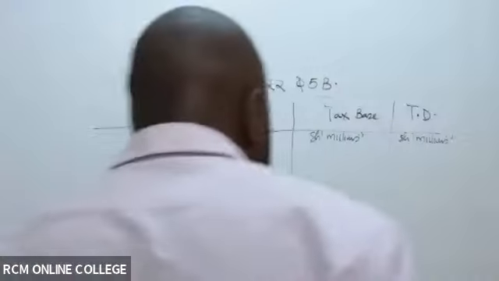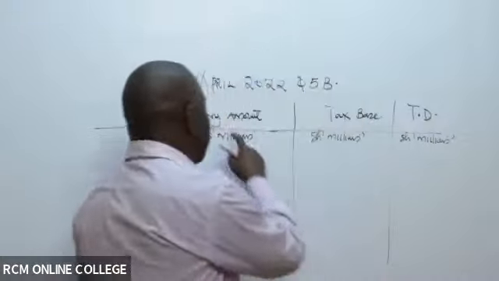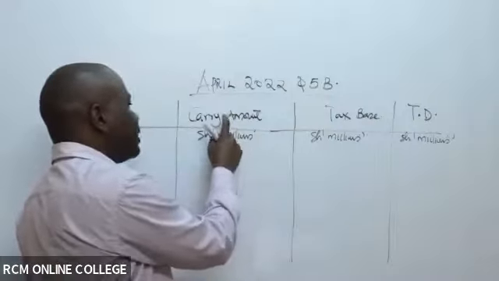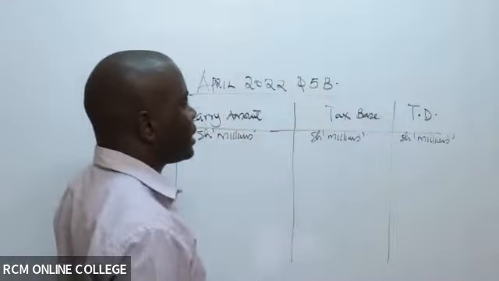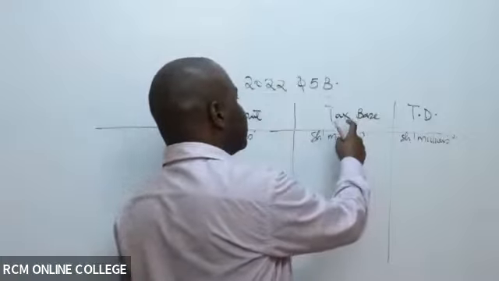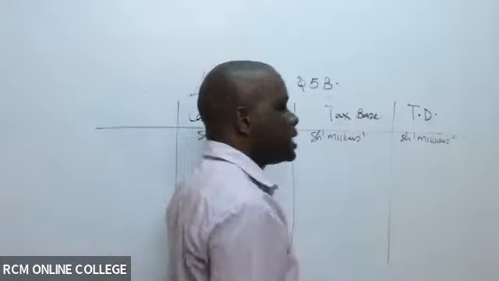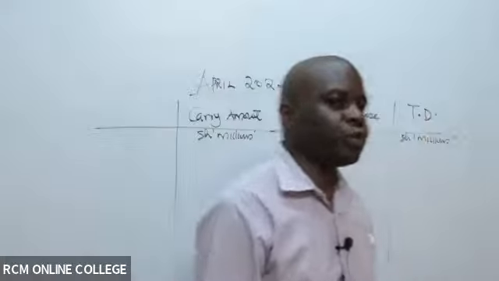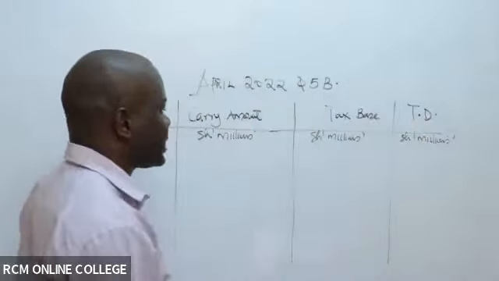The amount the accountant considered in the books of accounts. But the tax base is the amount the taxman will consider whenever, for example, determining how much will be paid as tax.